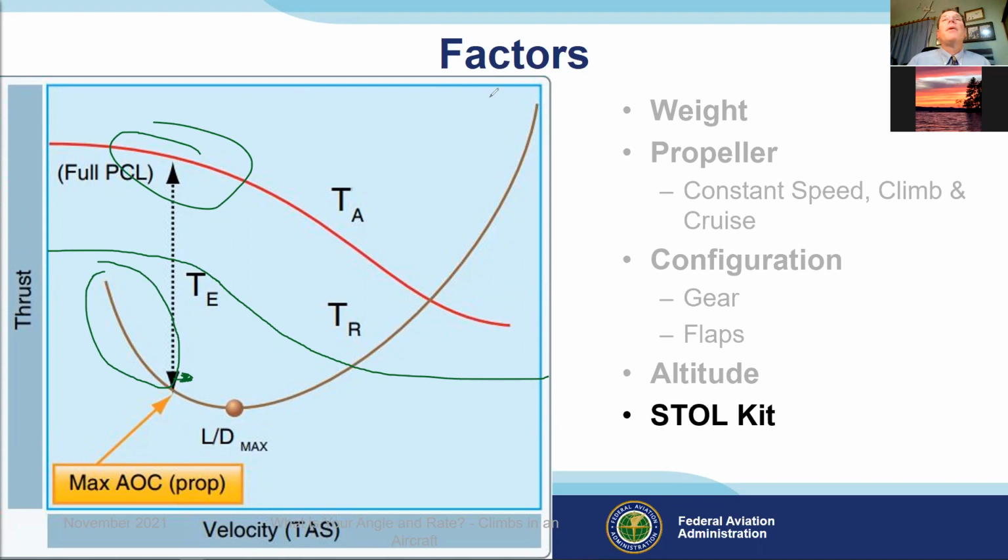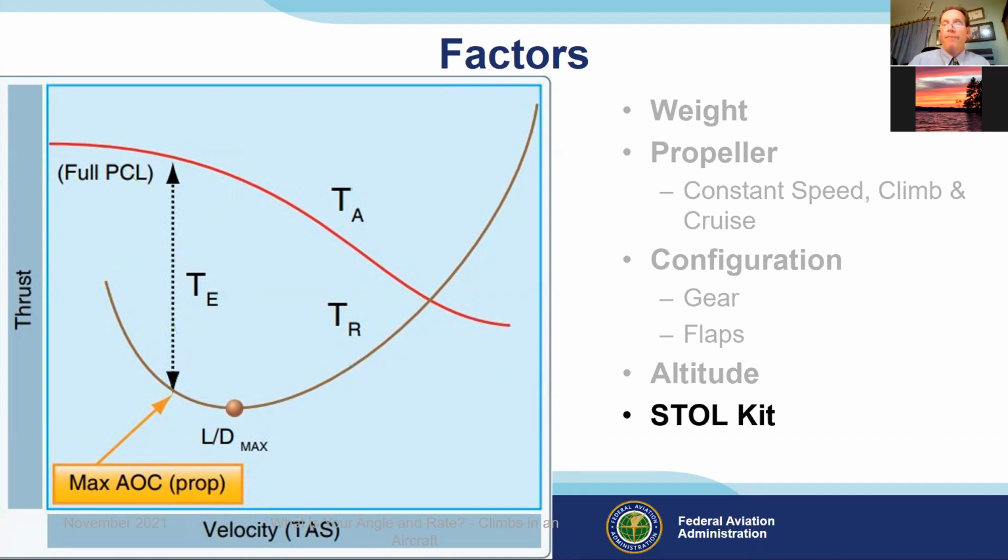And you can even think about stall kits. What effect would they end up having? Let me clear all drawings, please. There we go. Same thing, we think about flaps or something like that. What we're going to see with a stall kit is lower speed. We're probably going to see greater induced drag with it, even probably greater parasite drag.